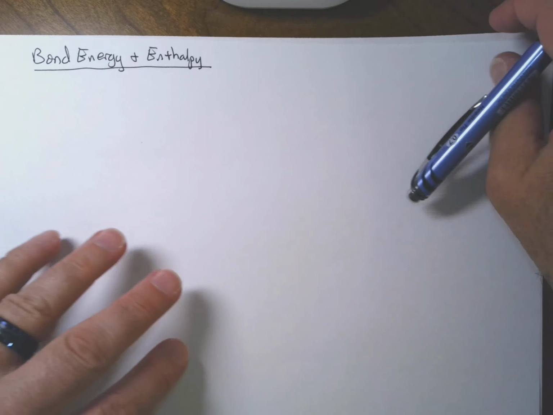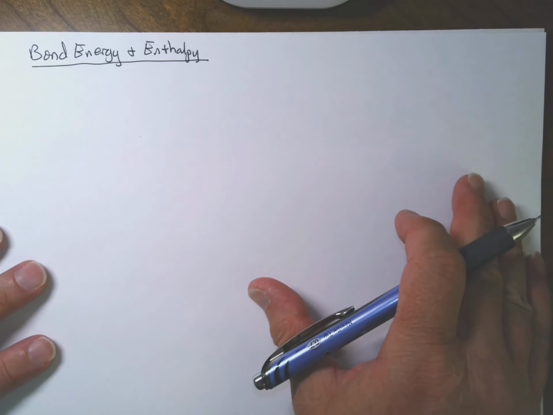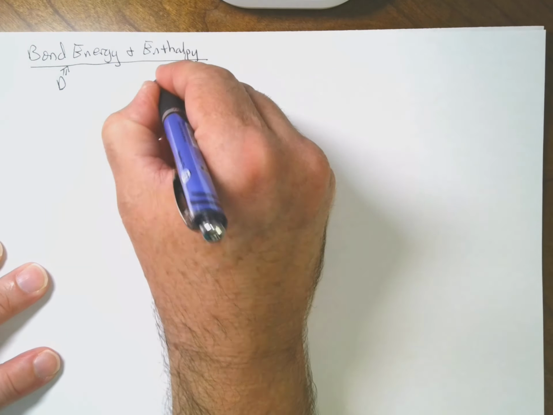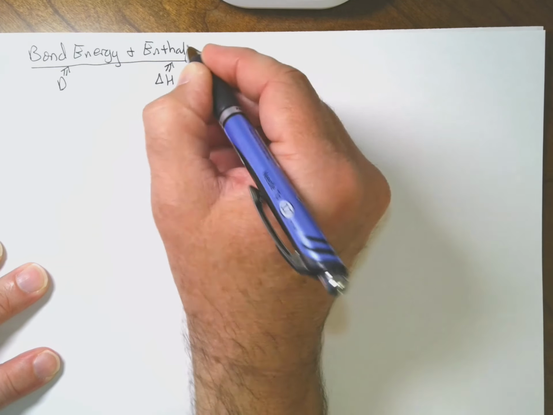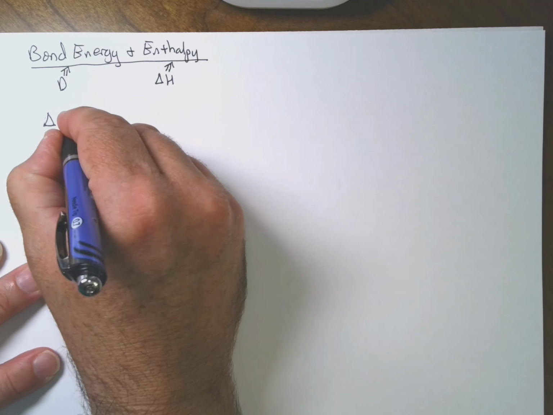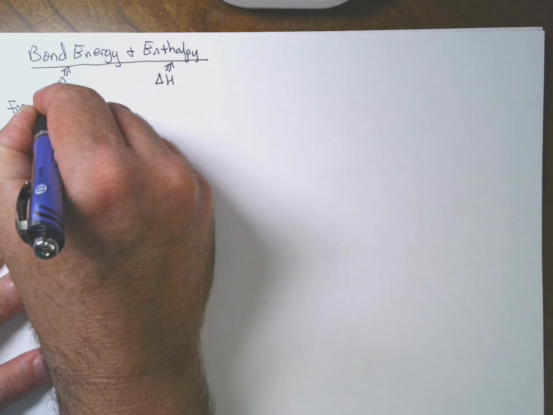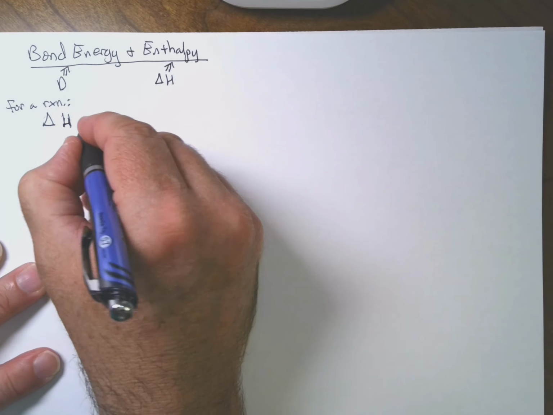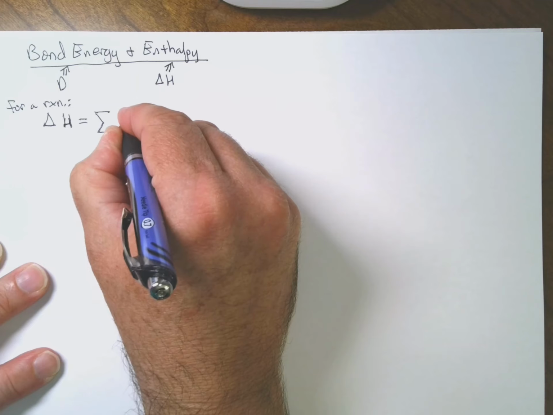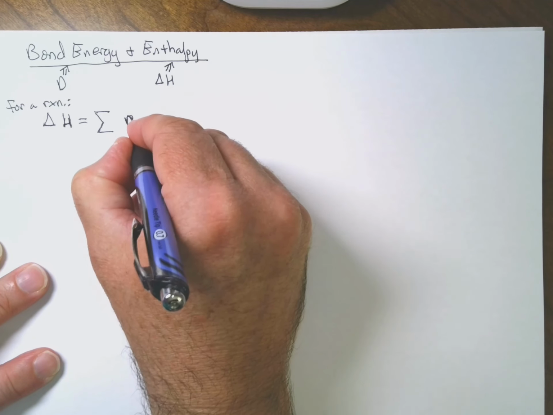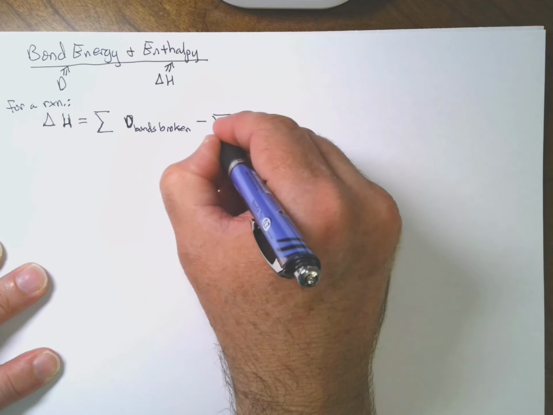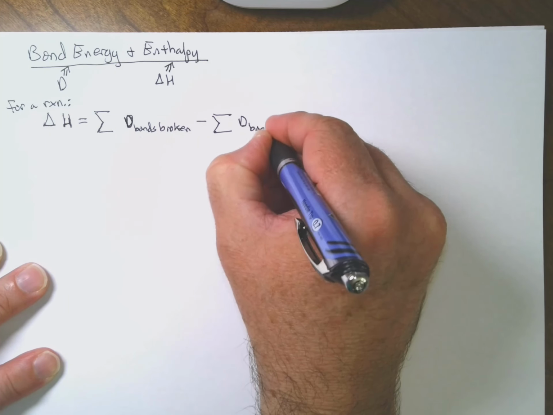Our symbol for bond energy is going to be a capital D. And of course, enthalpy is, in this case, delta H. So I could write out, for a reaction, delta H of the reaction equals the sum of the energies of the bonds broken minus the sum of the energies of the bonds formed.